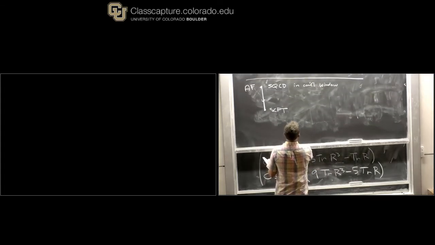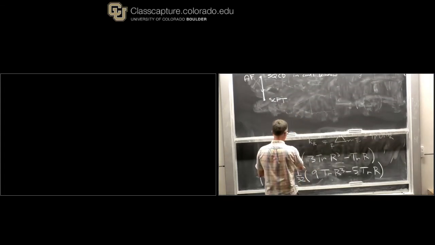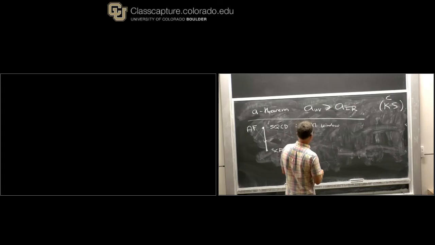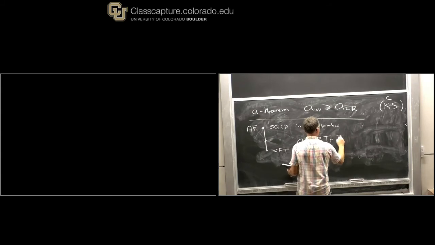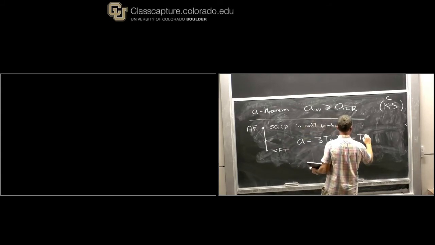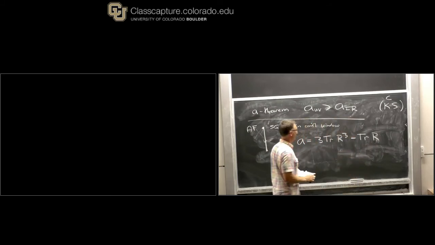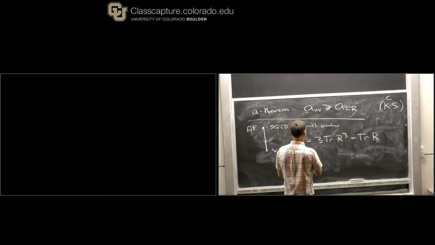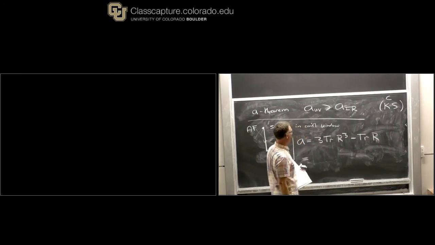Okay, so let's compute this A without the 3 over 32 factor for SUSY QCD. So let's compute A, this is the normalization that I'll use. And so I'll write this as the contribution from the gauginos.